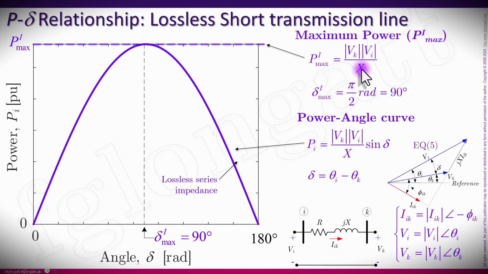And as you can see on the top right, this maximum power represents the relationship between the magnitude of the terminal voltage, and in the denominator you can see that we have the series inductive reactance.